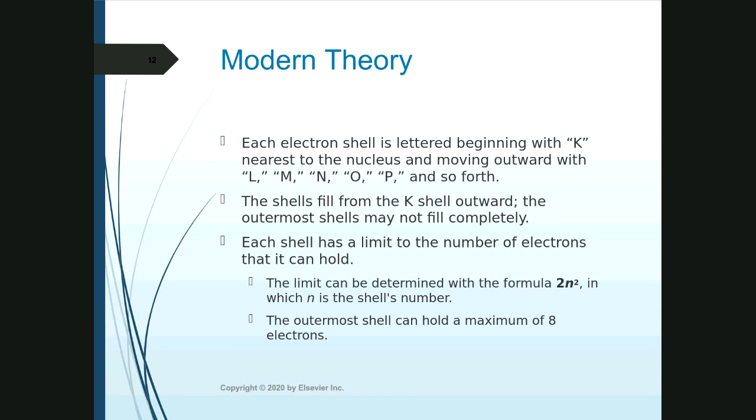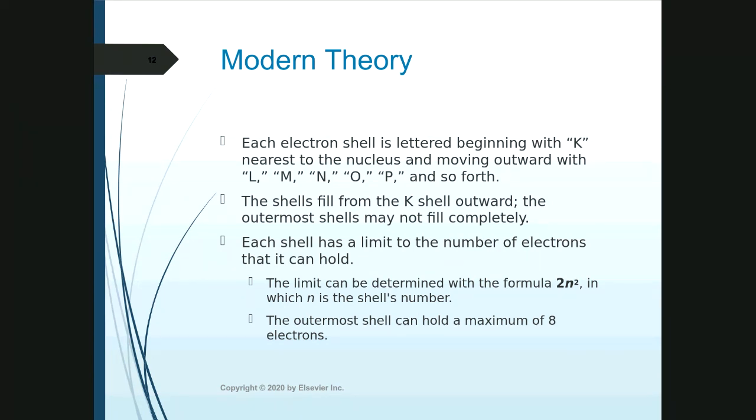So if you took the formula 2n squared, that would actually tell you the maximum number of electrons that a particular shell could hold. And I will show you that in a separate video where I actually use the whiteboard and show you exactly what I'm talking about with that.